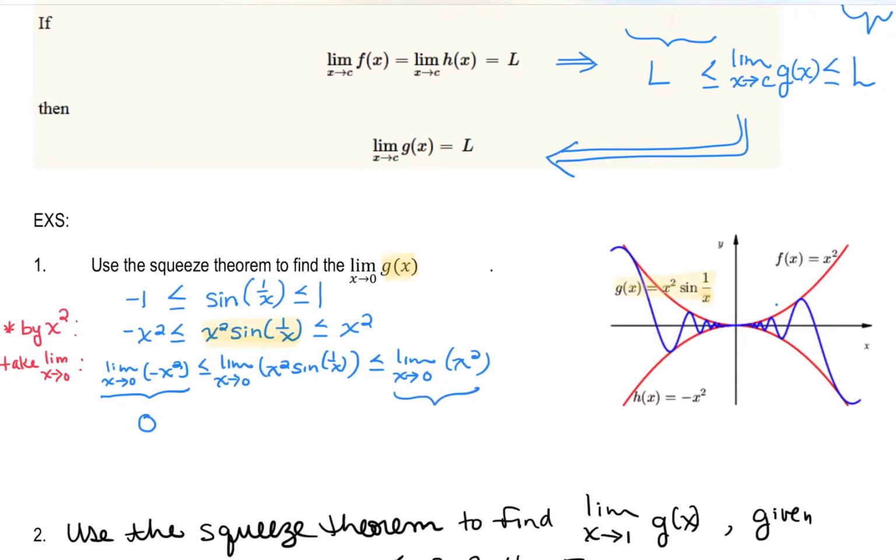On the far right, that's just 0 squared, that is going to be 0. So now I have the limit that I'm interested in, the limit as x approaches 0 of x squared sine of 1 over x, sandwiched, squeezed in between 0 and 0. So by the squeeze theorem, if this limit is both greater than or equal to 0 and at the same time less than or equal to 0, then that means that this limit has to equal 0.